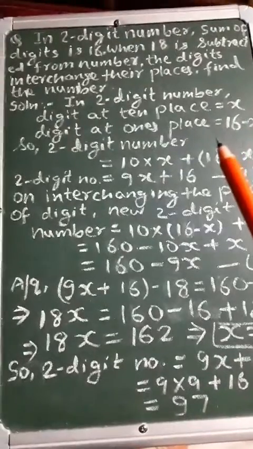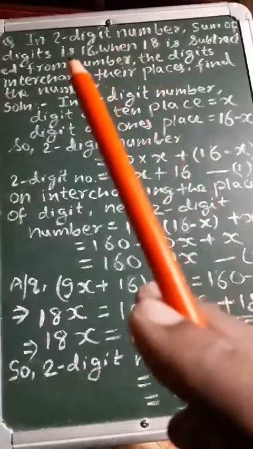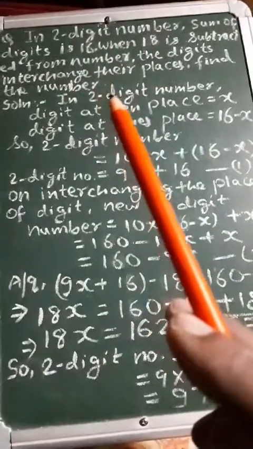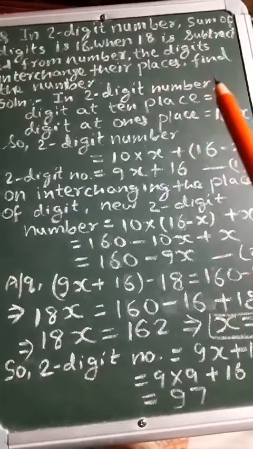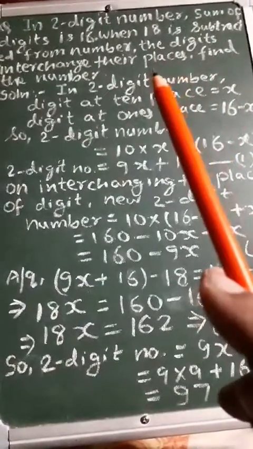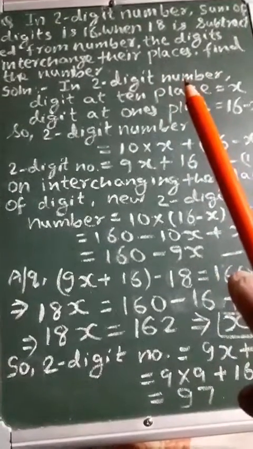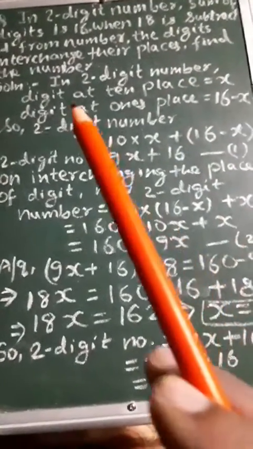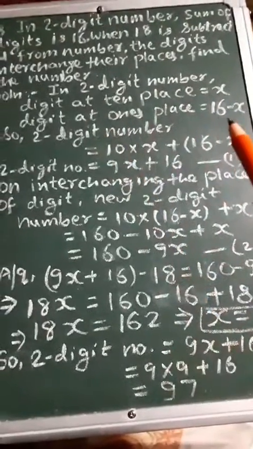By this way, since the sum of digits is given as 16, the tens place digit is x and the ones place digit is 16 minus x.